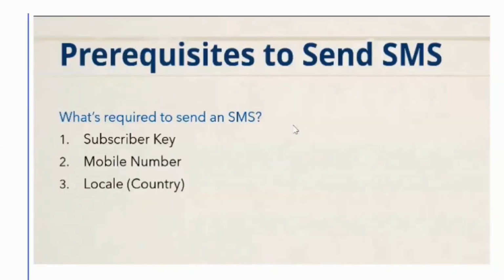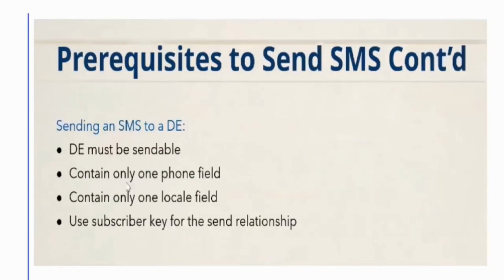But if the data extension does not have the customer country with the specific data type locale, then SMS can't be sent to that data extension. That data extension will be treated as non-sendable, which cannot be utilized to send SMS. So you have to make sure that these three prerequisites are followed, and then only you can send the SMS to any data extension. As always, the data extension must be sendable and the send relationship should be defined.